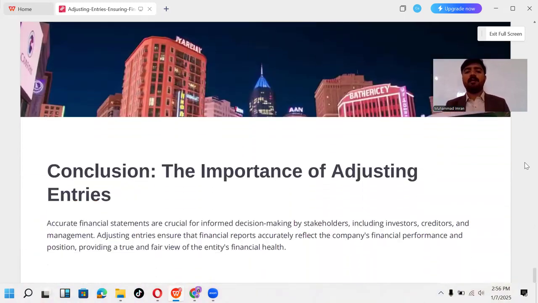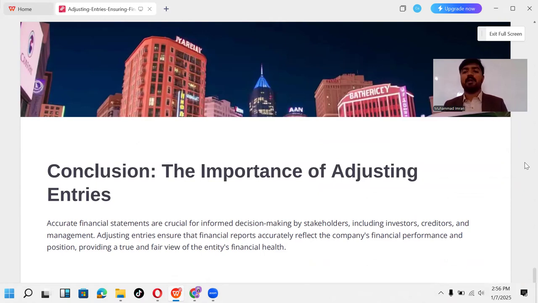And at the end, it is the importance of adjusting entries. These are crucial for informed decision making by stakeholders, including investors, creditors, and management, as these ensure the financial reports accurately reflect the company's financial performance and position, providing a true and fair view of the entity's financial health.